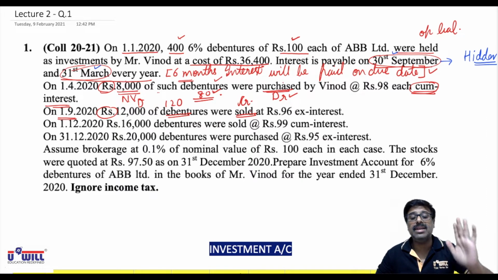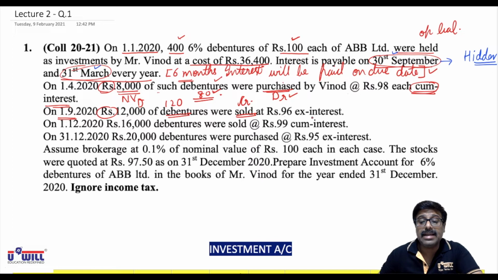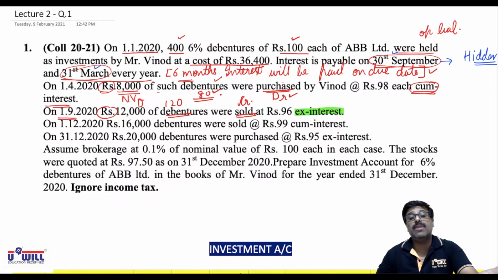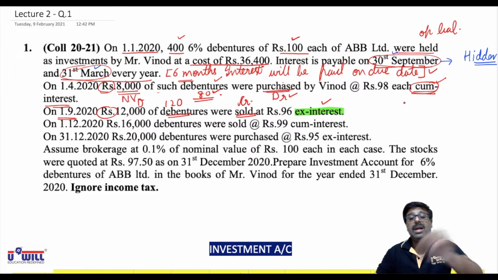At rupees 96, ex interest. Ex interest itself is what we have to record in the capital column, so this will be directly recorded in the capital column. Unlike the previous transaction, where the cum interest price was given and we had to find ex interest, here ex interest is directly given, so that will be recorded in the capital column.